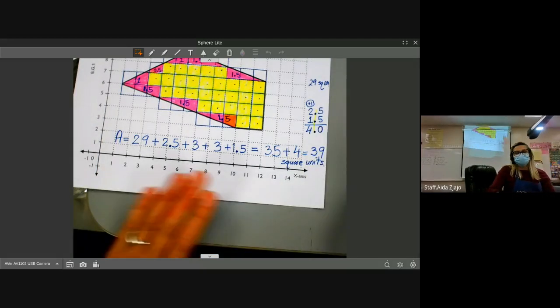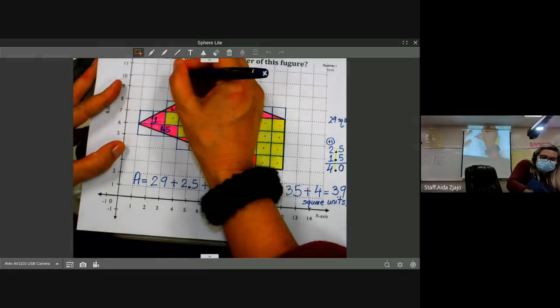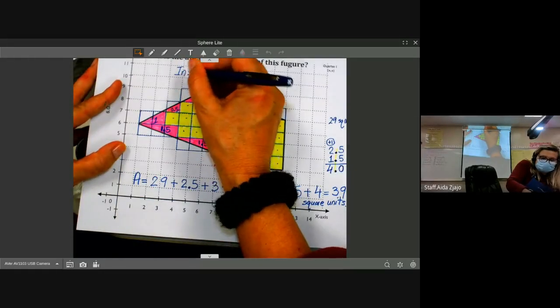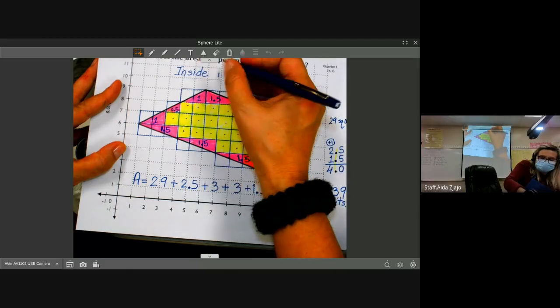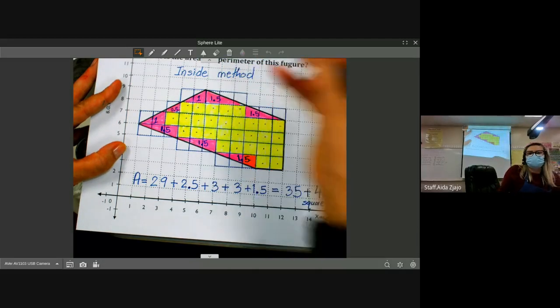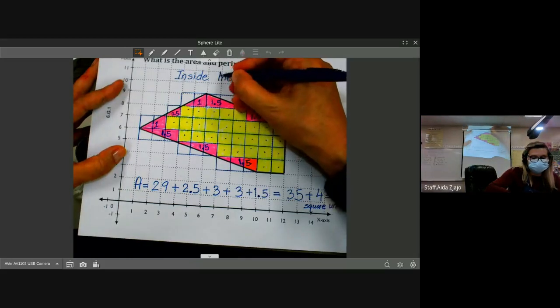Okay, and this is called inside method. So you write inside method. Maybe I should capitalize the M, guys, because it's a title.